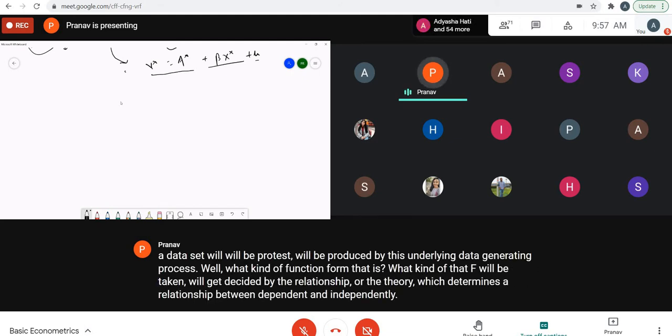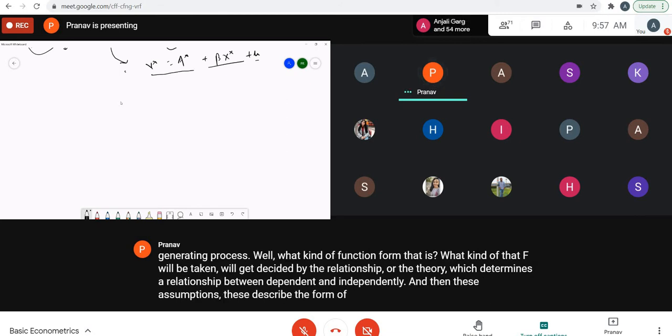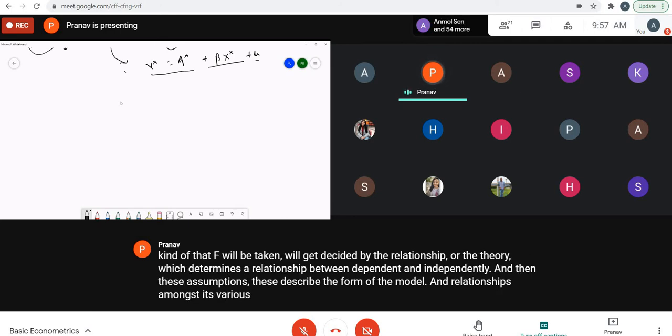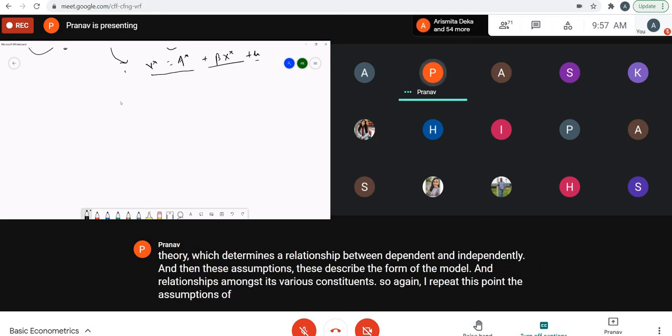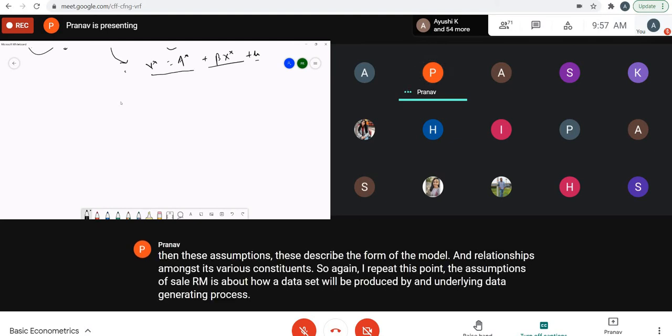And then these assumptions describe the form of the model and relationships amongst its various constituents. So again, I repeat this point: the assumptions of CLRM are about how a data set will be produced by an underlying data generating process.